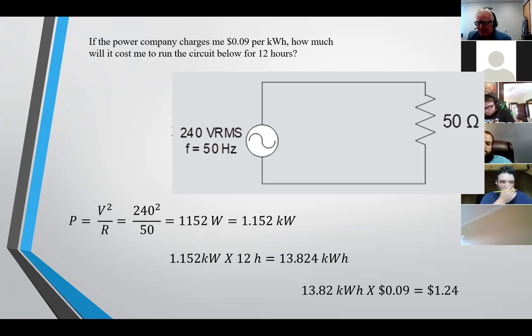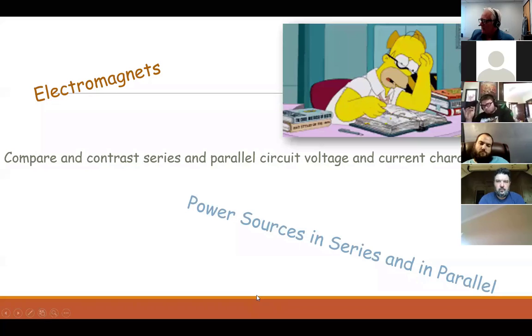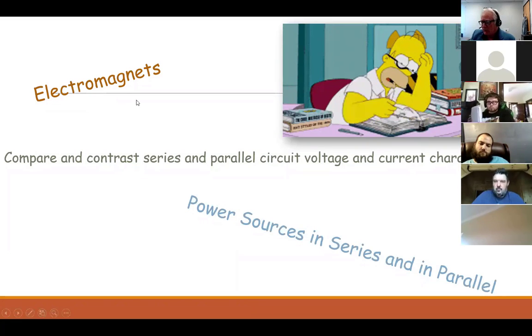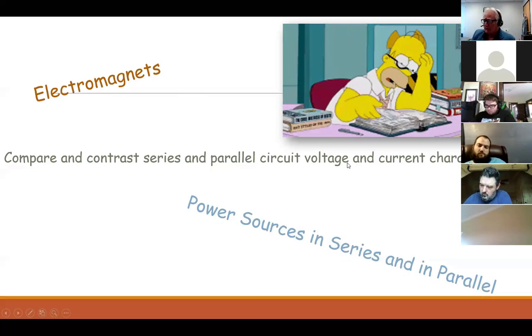Everybody see that? All right, so in addition to what we've been talking about so far, make sure you understand electromagnets, how they're created, what they're used for, some common applications, that kind of stuff. And those characteristics that we were talking about with series and parallel circuits, in terms of voltage and currents, how are they alike?